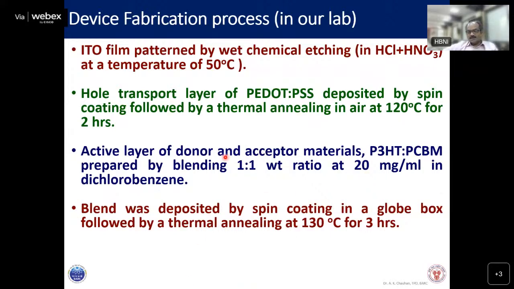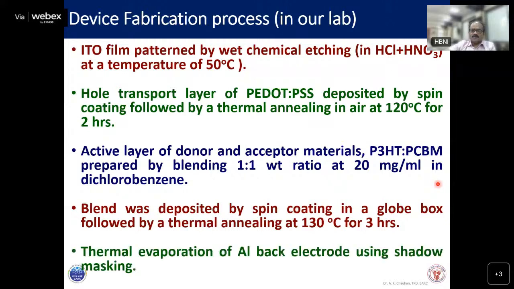Then after that, this is given a heat treatment up to 130 degrees centigrade for 3 hours. And then aluminum contacts are deposited using shadow masking. Shadow masking is a thermal evaporation technique where a mask is used for getting a contact of appropriate dimensions.